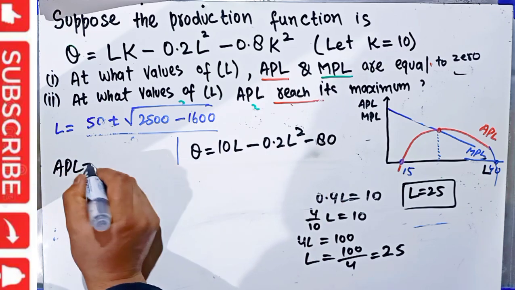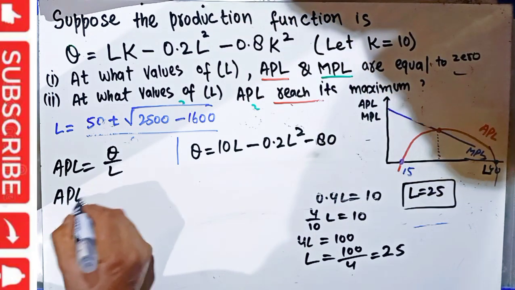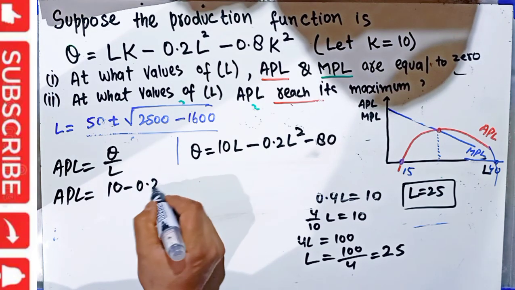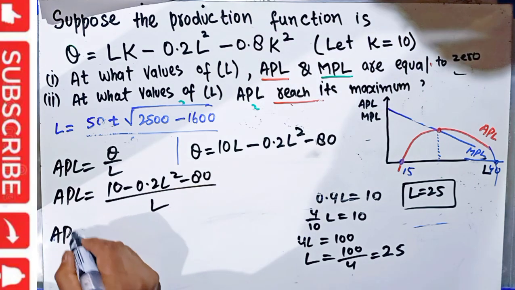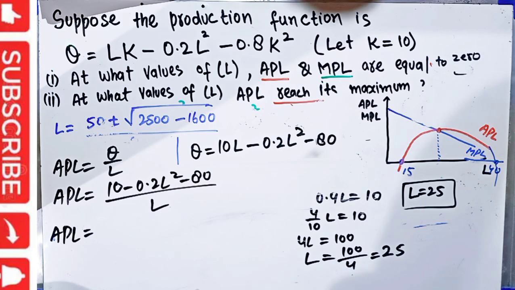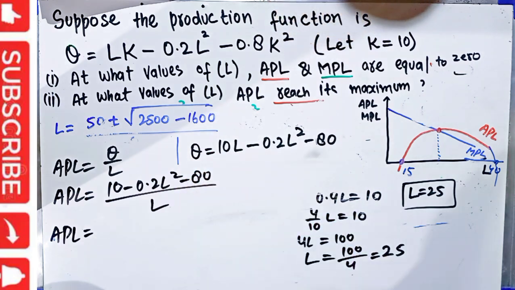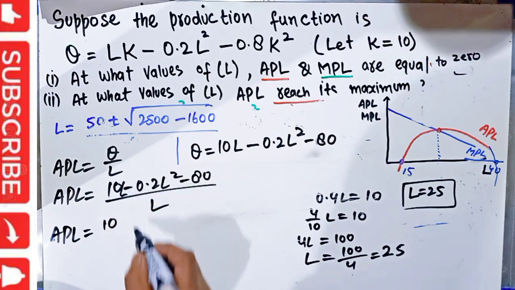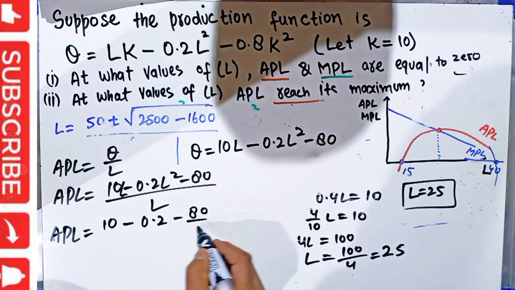APL is simply Q upon L. As I have explained, Q is 10L minus 0.2 L square minus 80, and we divide it by L, so APL is equal to 10 minus 0.2L minus 80 upon L. We have to find the value of L where APL reaches its maximum.